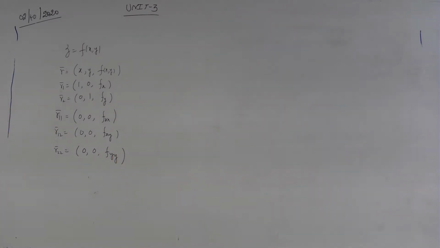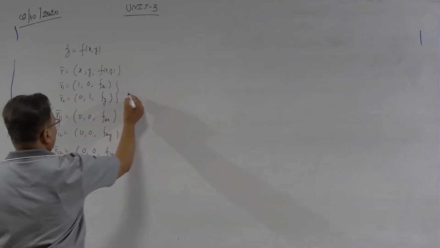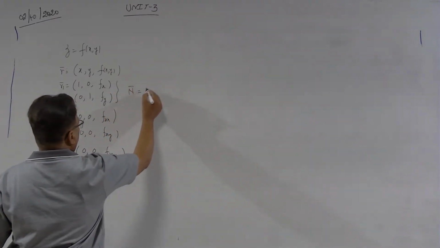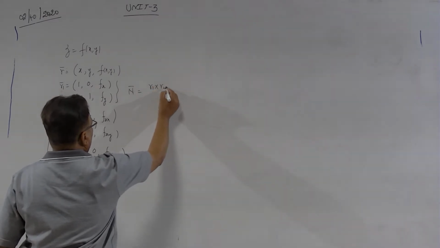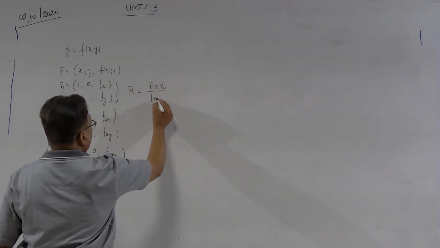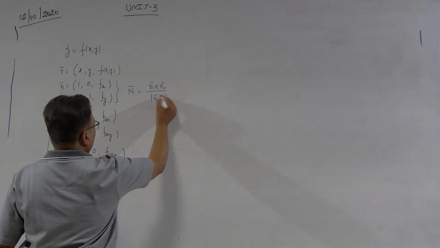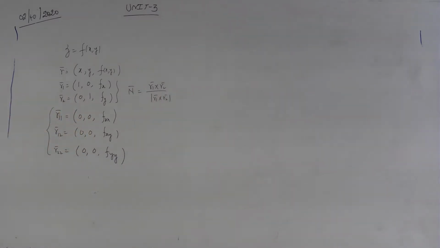So, these 3 derivatives are the r i j's, the second order derivatives. Then n you can easily compute from here. n can be computed as r 1 cross r 2 upon modulus of r 1 cross r 2. This is standard, one can easily compute it.